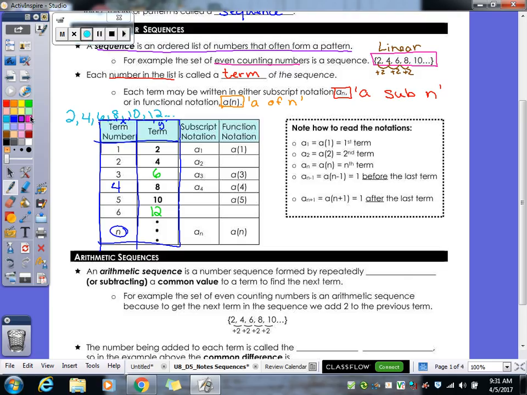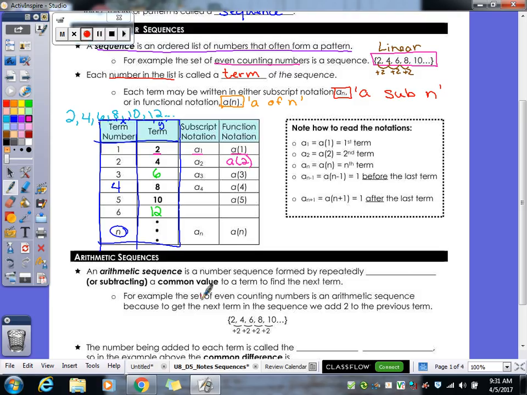So then for our notations over here, for our subscript notation, if I'm talking about my first term, I would write it as a sub 1. But in function notation, that would be a of 1. It means the same thing. That means I'm looking at my first term since I have the number 1 in there as opposed to an n. A sub 2 in function notation would be written as a of 2.